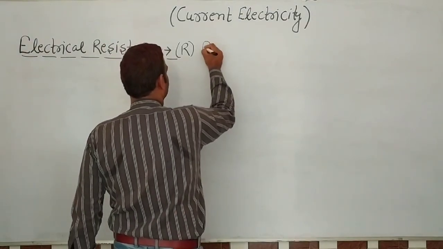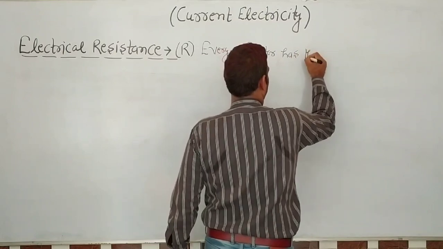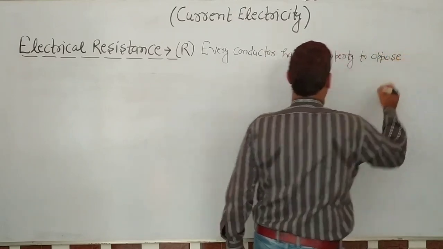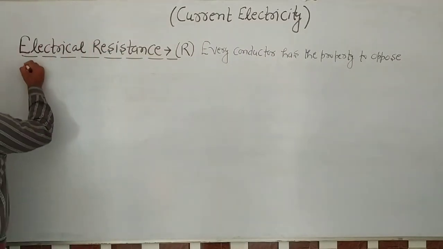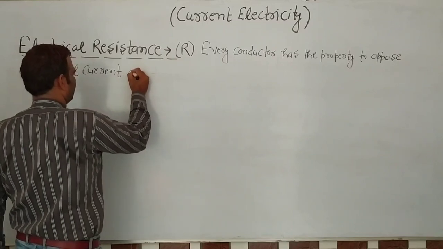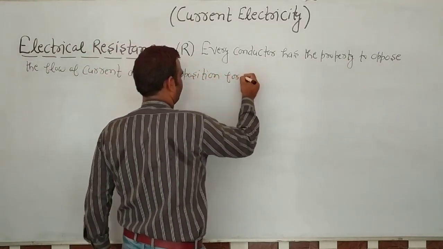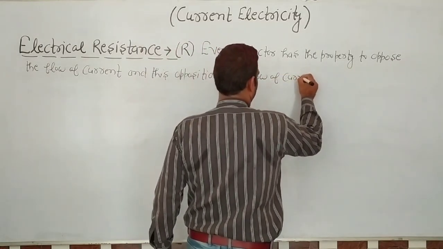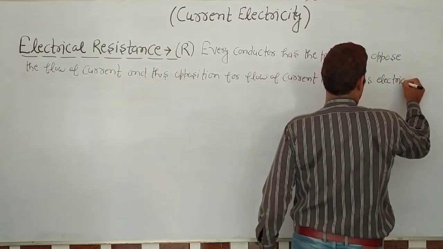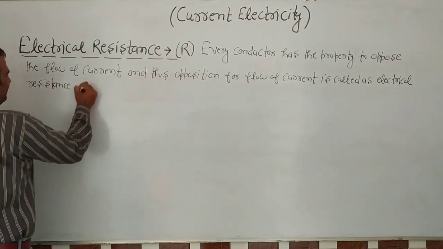As you know, every conductor has the property to oppose the flow of current, and this opposition to the flow of current is called electrical resistance of the conductor.